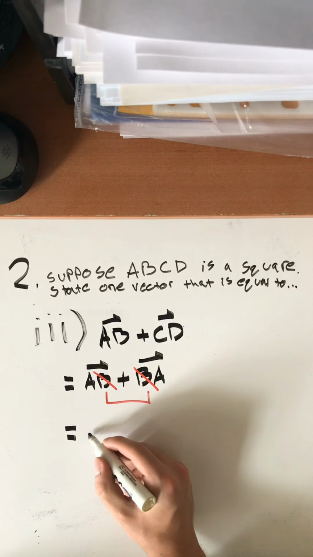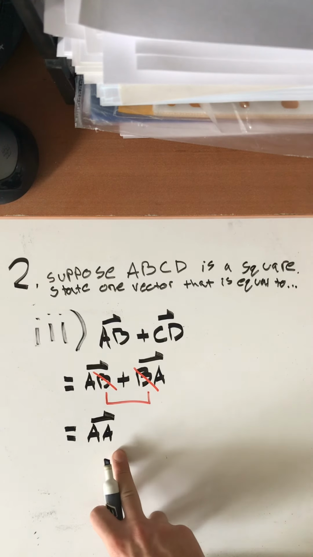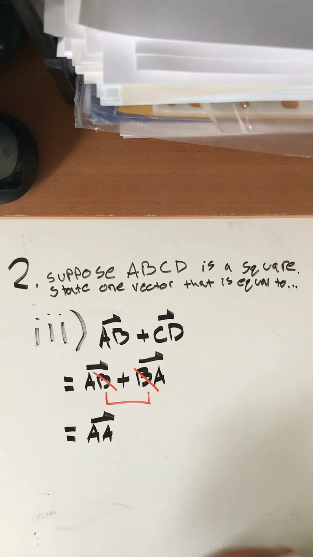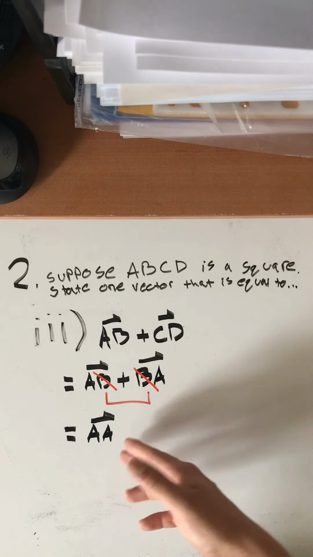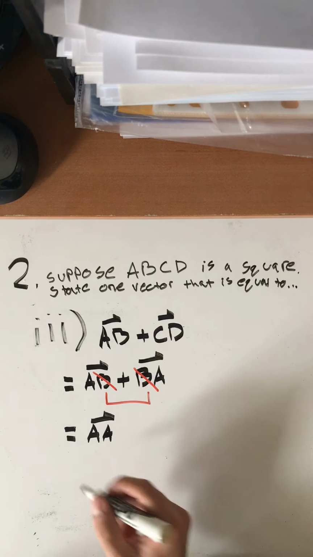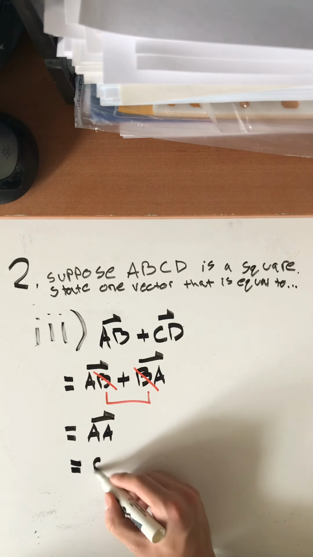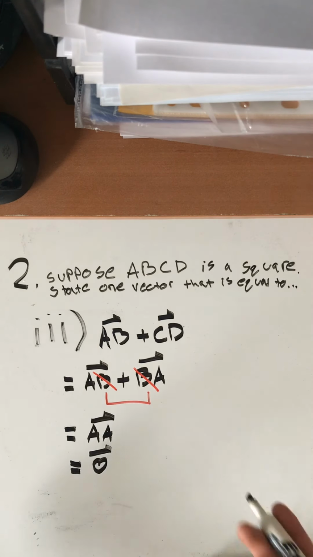And we now have vector AA. But wait a minute, we can have this vector because this basically means that the vector starts and stops at the same point. So this actually equals vector 0 because it starts and stops at the same point.